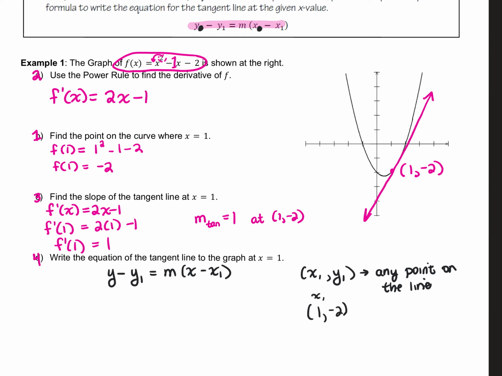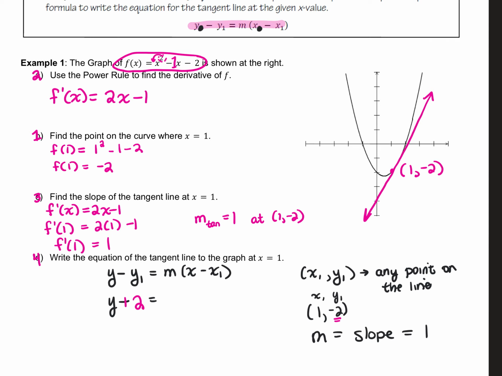So this is our x1, this is our y1. M is just our slope, and we have that as 1. So I'm going to plug in y1, m, and x1 into this equation. I will get y minus y1, which I can see is -2. So y minus -2 is plus 2.